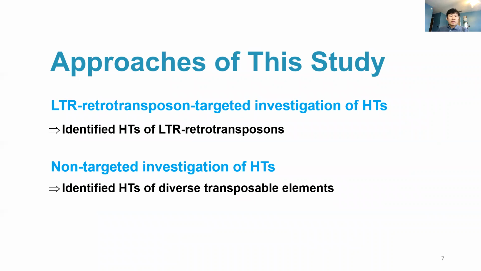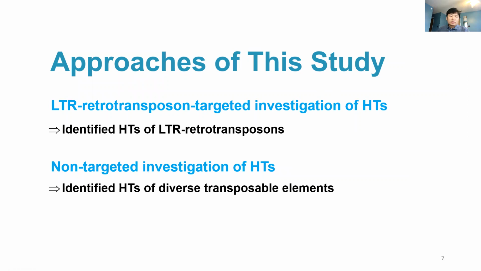So in this study, I used two approaches to investigate horizontal transfer in plants. One is LTR-retrotransposon-targeted investigation of horizontal transfers, and the other is non-targeted investigation of horizontal transfers.